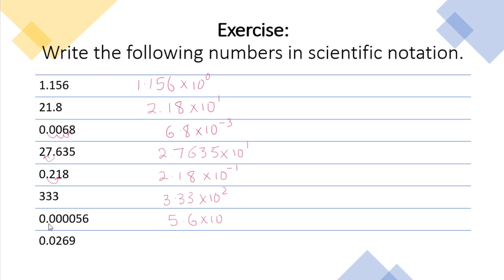So you can see that we are moving from left to right, 1, 2, 3, 4, 5. And this will become 2.69 times 10 to the power minus 2.